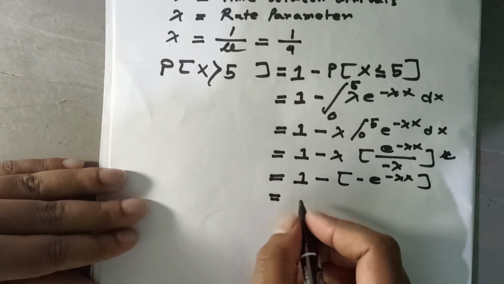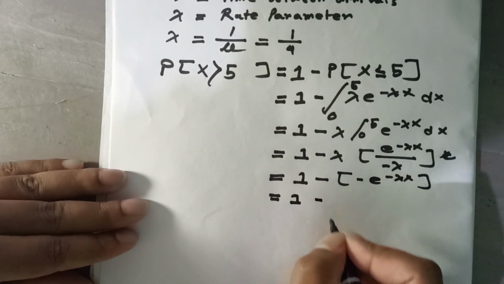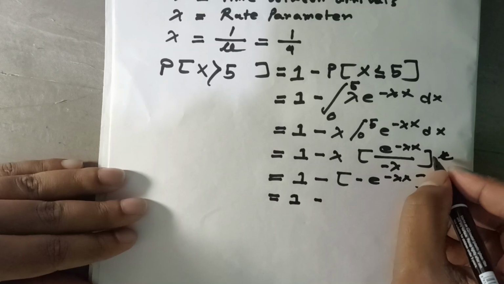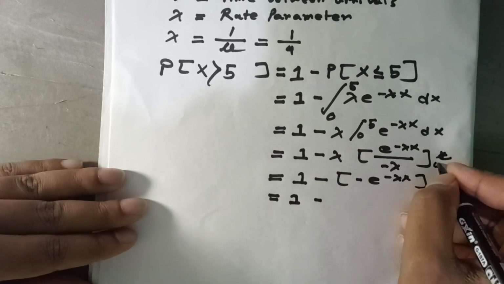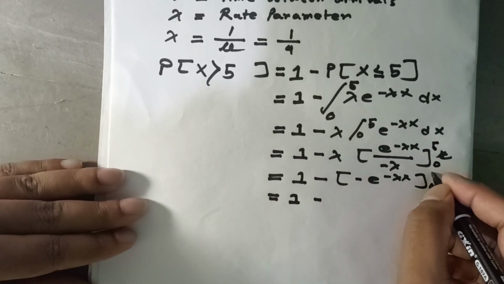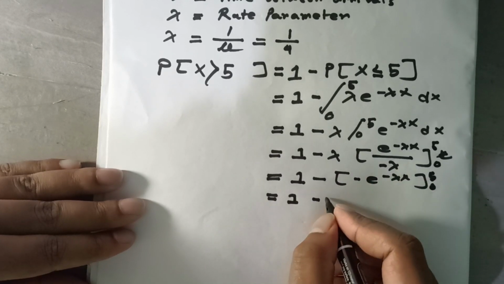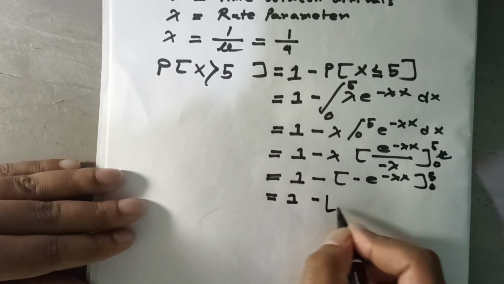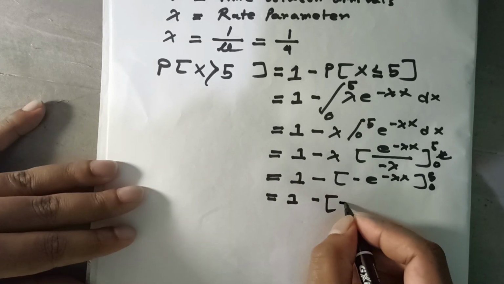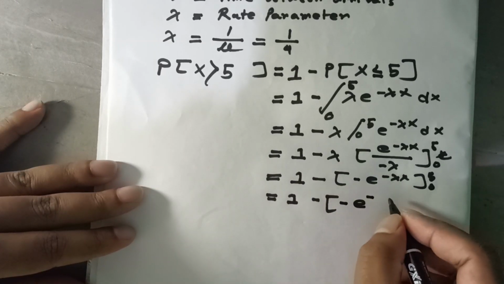I made a mistake, these are the limits, 0 to 5, and I will put the limits in.